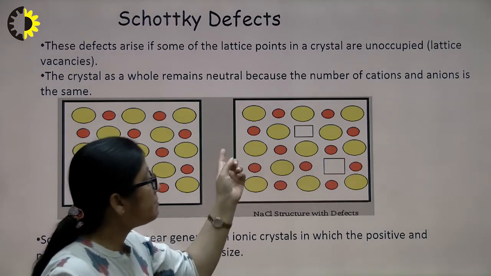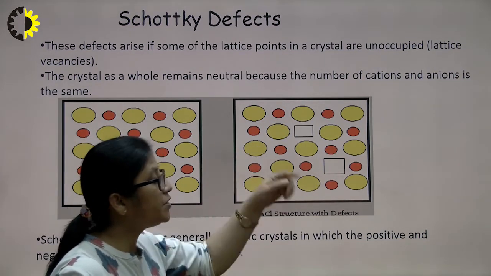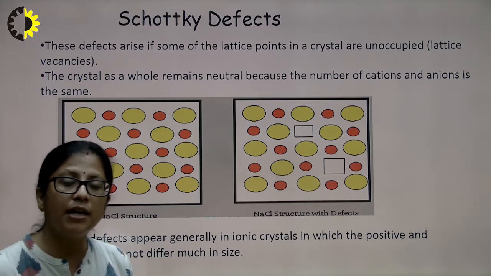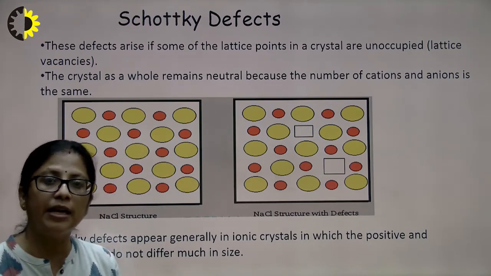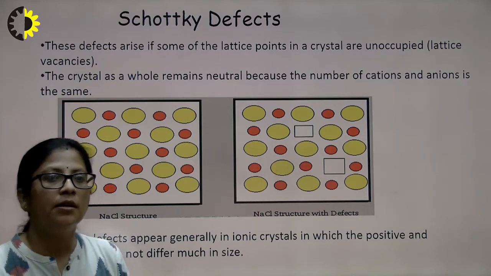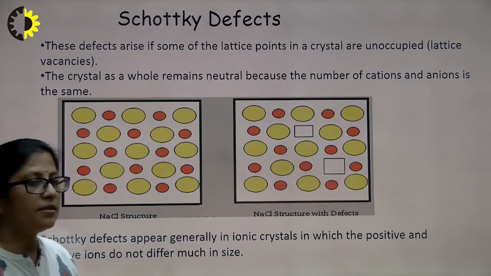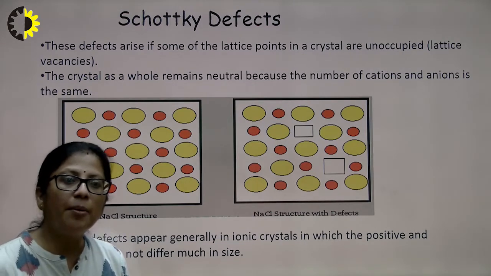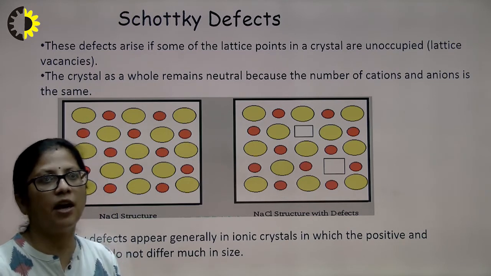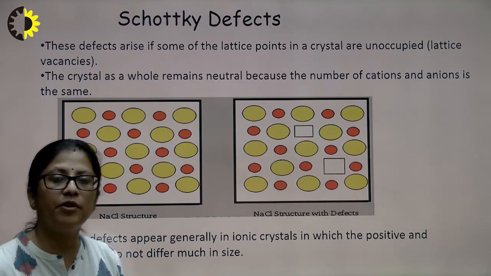But the crystal as a whole is neutral because the number of positive ions is equal to the number of negative ions, or the positive charge is equal to the negative charge. This Schottky defect generally appears in ionic crystals in which the positive and negative ions do not differ much in size.